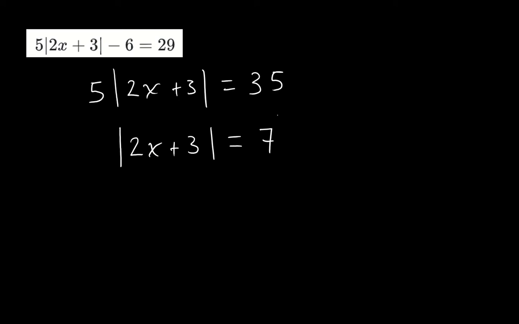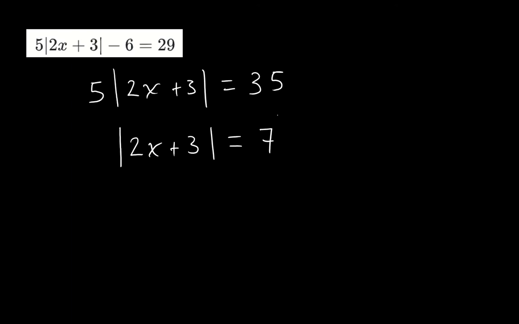So we are now at a point where we can look inside and remind ourselves that this thing inside is either a positive 7 or a negative 7, right? There are two values that 2x plus 3 could be that would produce an answer of 7 when it's trapped inside the absolute value, either positive or negative 7.